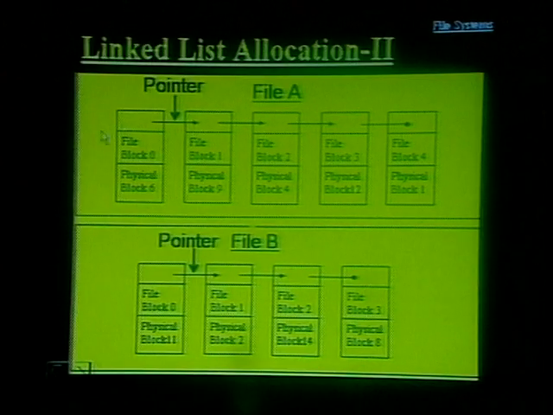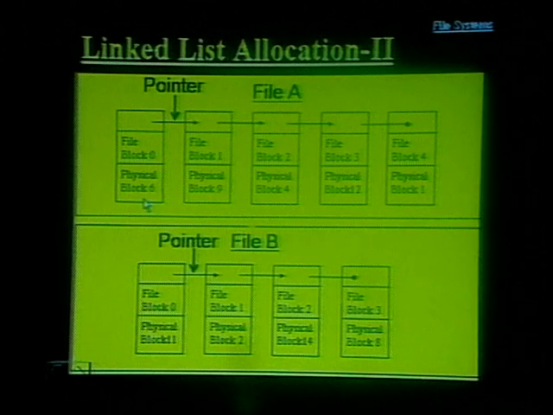Let's look at how file systems are implemented using the linked list with the help of a diagram. In this diagram, we see file A and file B. File A consists of 5 blocks: file block 0, file block 1, file block 2, file block 3, and file block 4. But the physical addresses of file A are different.